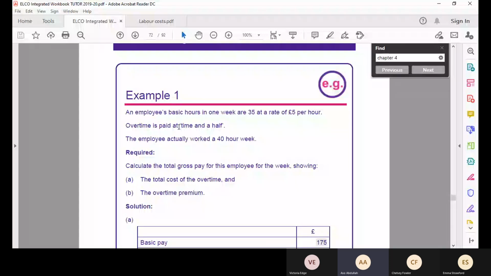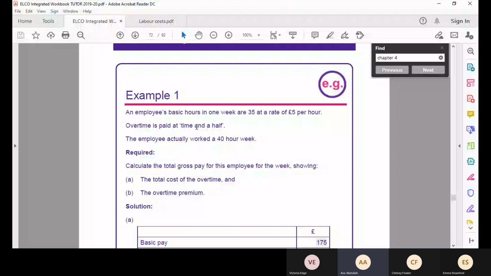Overtime is paid at time and a half, so it means overtime is paid at £7.50. The employee is actually working 40 hours in the week.